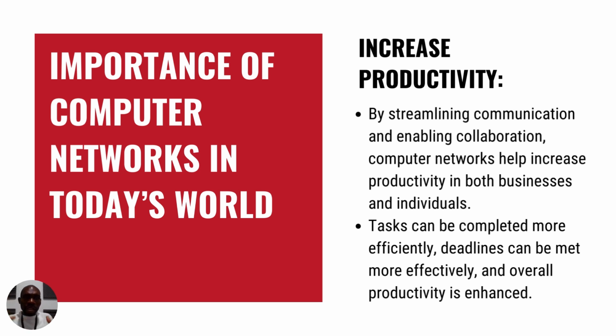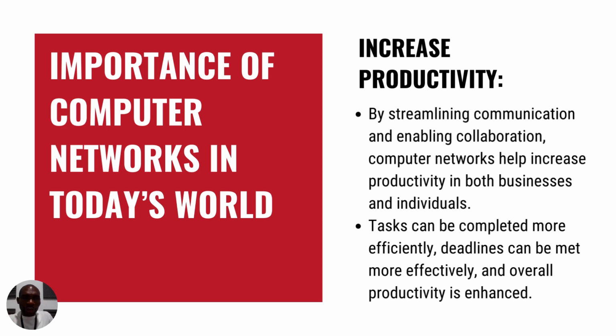Why? Because when you have the products, you will be able to sell your products within a short period of time. For example, this is a company, a center for e-learning, where we produce books. Because of the use of computer networks, we are able to advertise the books that we produce throughout the world.